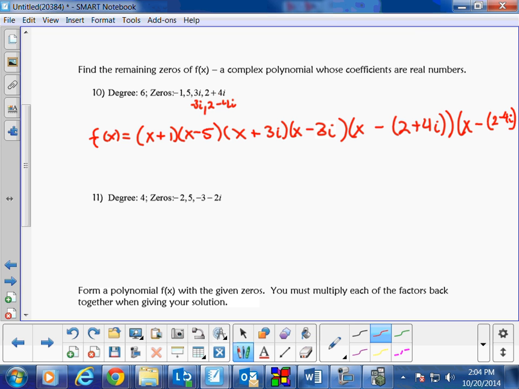So, what do we have here? We have this big polynomial. What is your duty to do? It is to go ahead and FOIL it all out.